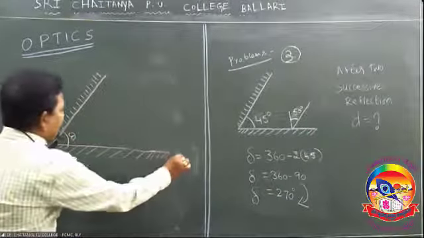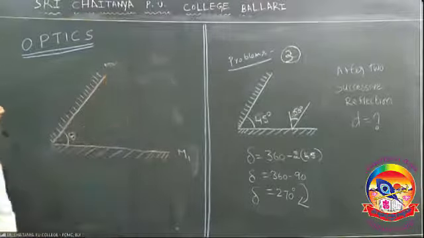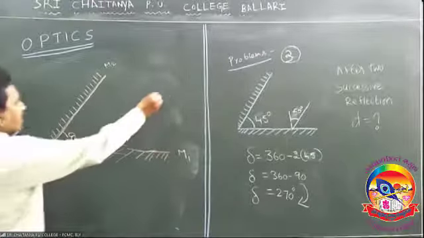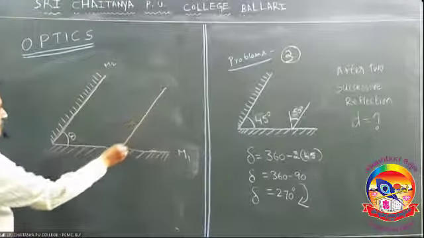The light ray falls. Let us imagine this is mirror M1 and this is mirror M2. The light ray is incident parallel to M2 first.